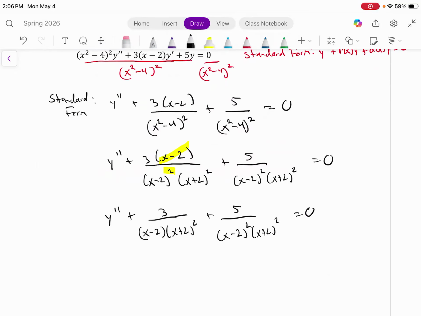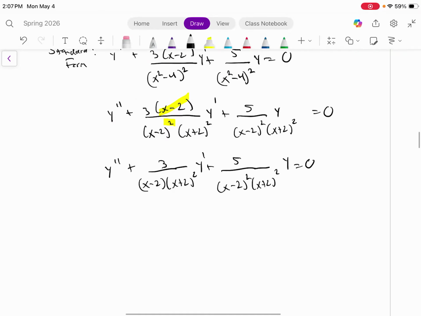Sorry, I'm forgetting my y's: y prime, and y. Oops, let me write a little more off to the right. Okay, so that's our setup.